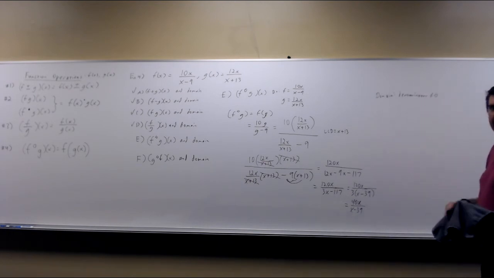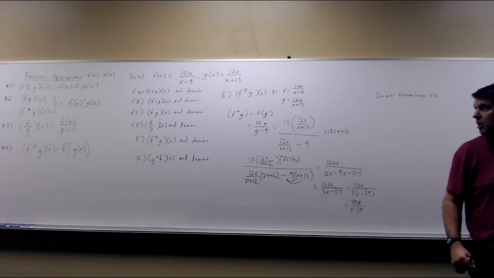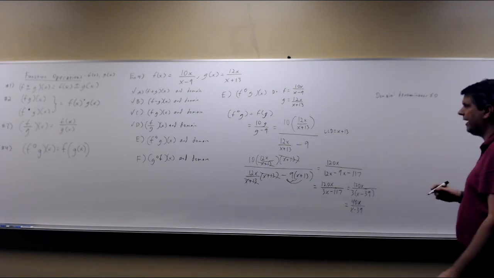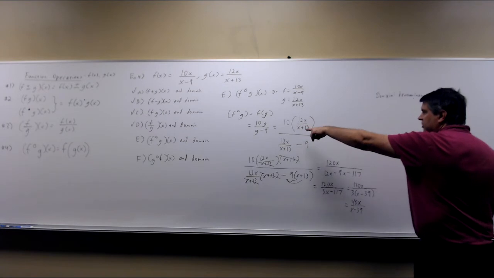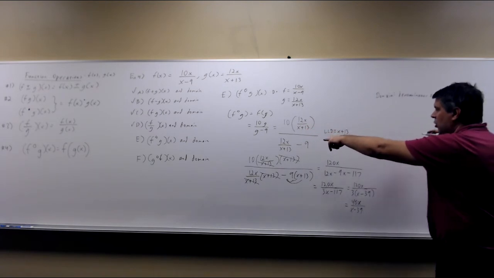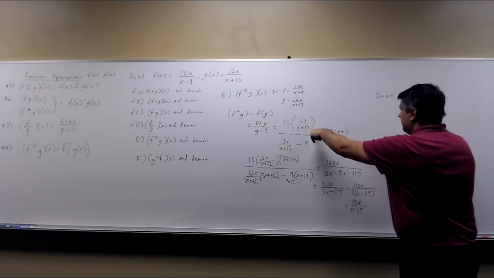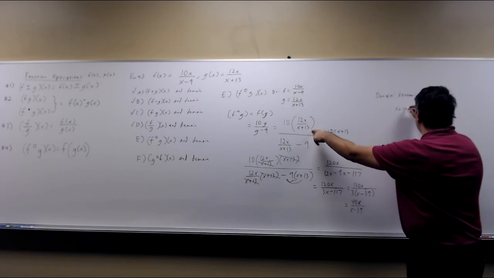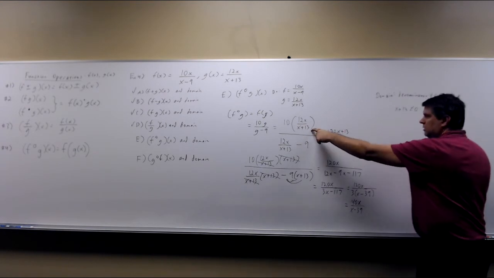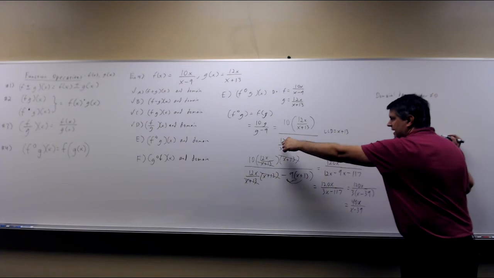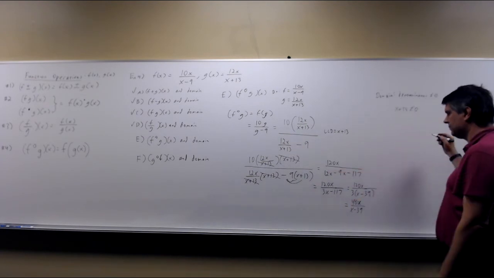So no denominator can equal 0. As you can see, we had two things going on here. We had this cannot equal 0, and this cannot equal 0.